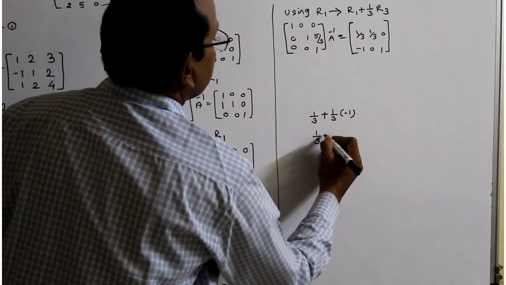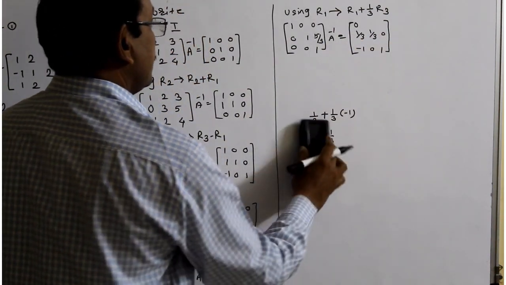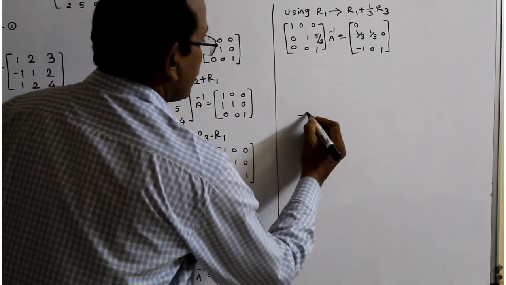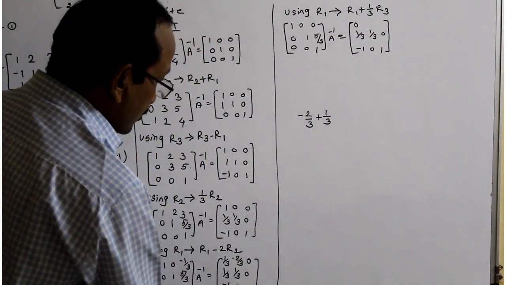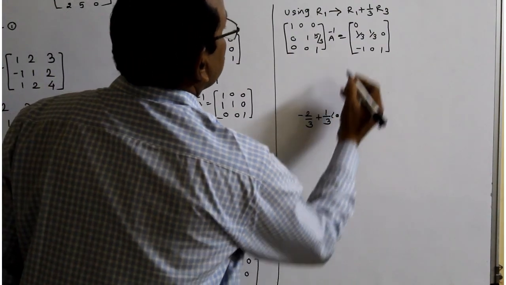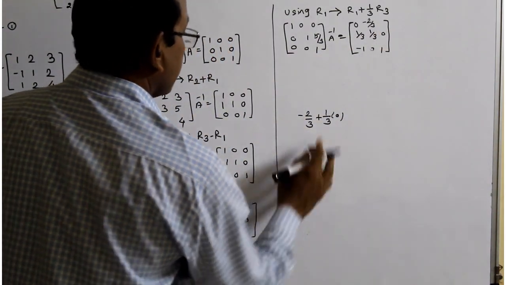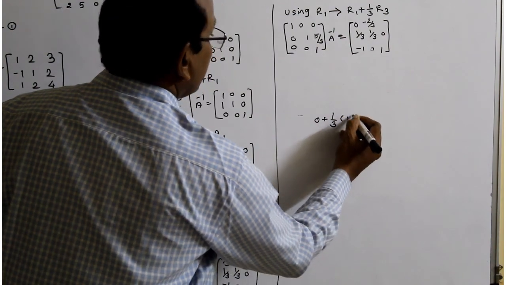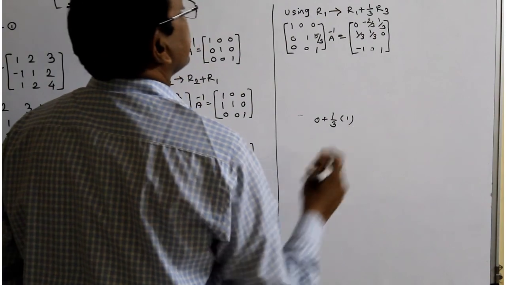So it is 1 by 3 minus 1 by 3, means it is 0. Then operate here: minus 2 by 3 plus 1 by 3 into 0, which is minus 2 by 3, then 0 plus 1 by 3 into 1 is 1 by 3.